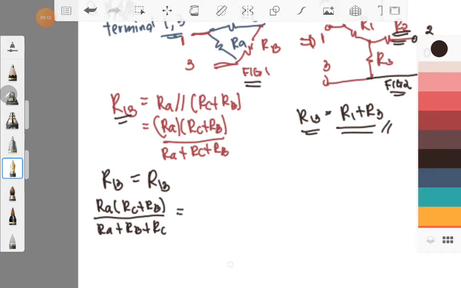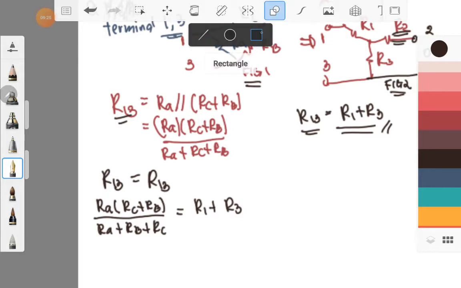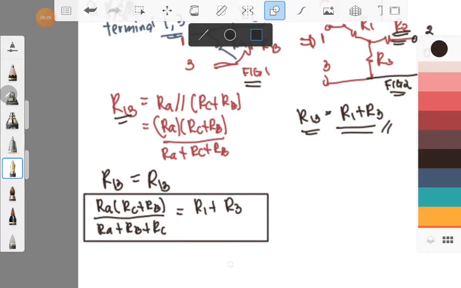It is equal to our R13 at figure 2. So, we have R1 plus R3. Okay? Does this equation solve the problem? Okay. Not yet. Right? Hindi pa. Mahaba-haba pong kwentuhan yan. So, this will be our equation 1. Okay? Equation 1.